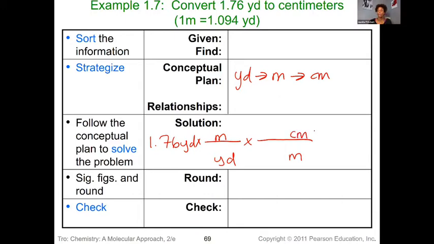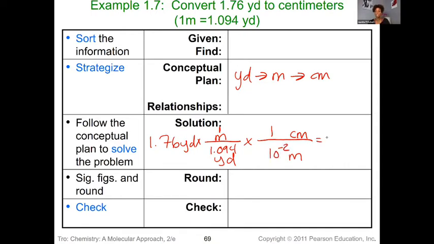Now is the time to fill in this information. I'm going to let the units drive where I put things. The conversion listed on the page says that 1 meter is equal to 1.094 yards, so I'm going to translate that into this conversion factor: 1 meter on top is equal to 1.094 yards. Then I reflect back to my metric system, and I know that 1 centimeter is the same as 10 to the negative 2 meters.